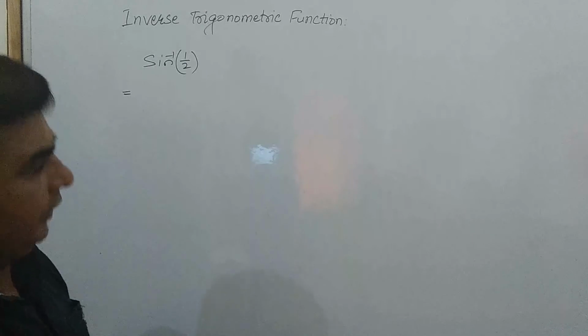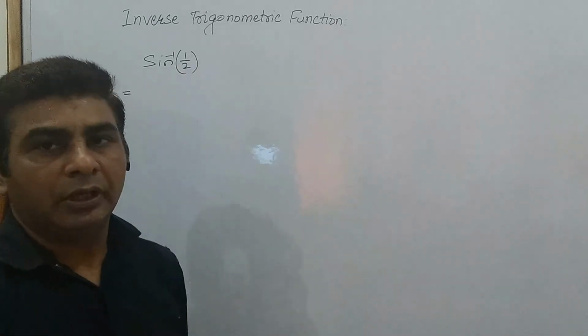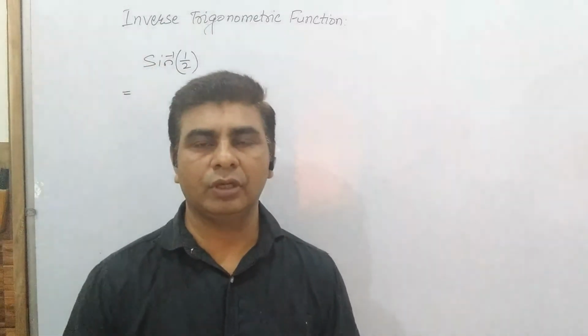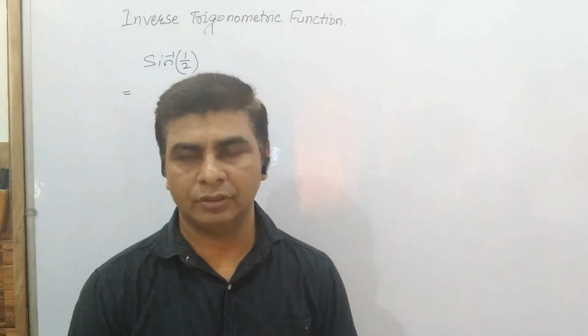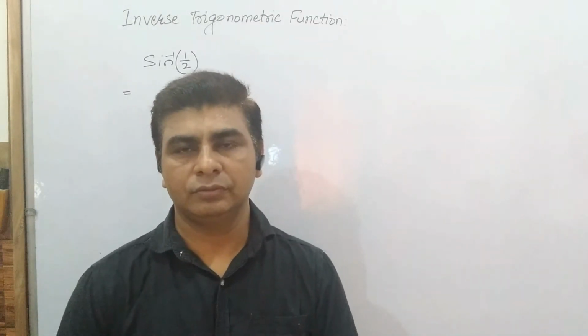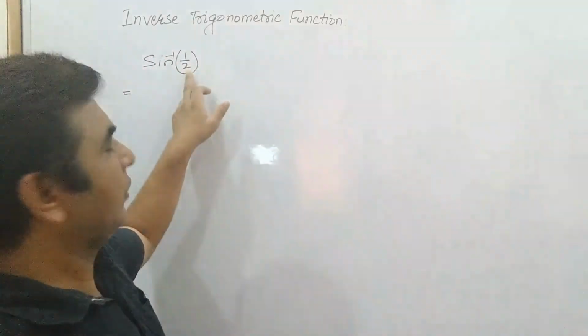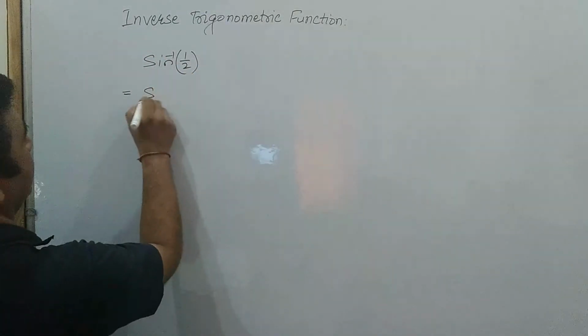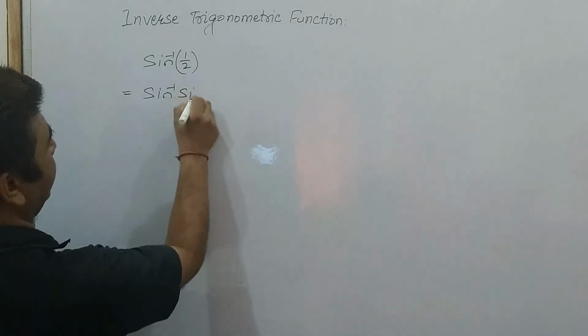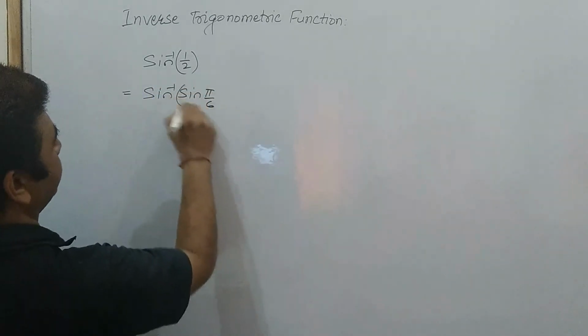Now you know that 1 by 2 in the table of sine function is sine 30. 1 by 2 is the value of sine 30. So we can replace 1 by 2 by sine 30 like this. This can be written as sine of pi by 6.